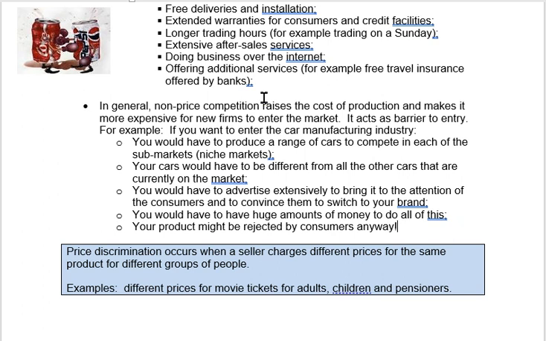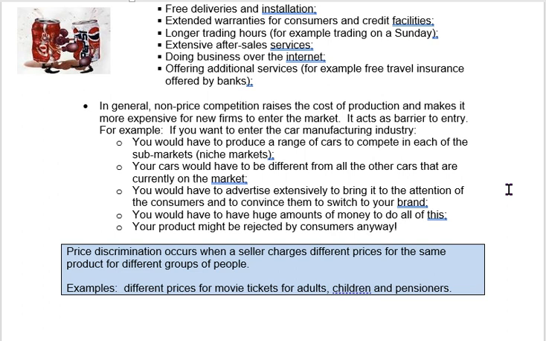So the more non-price competition firms use in a market, the more expensive it becomes. It does push up your production cost quite significantly, because all these things cost money. If I want to give them points and give stuff away for free, that is going to cost me money. If I'm doing free deliveries, it's costing me money. It's a driver that I have to pay. It's the petrol that I have to pay. And I'm not getting anything in return. It's free.